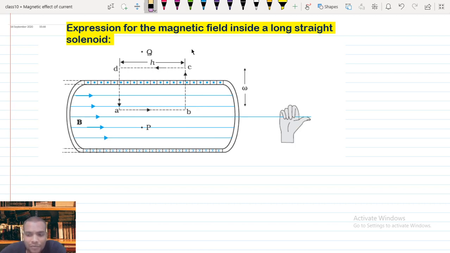The magnetic field inside a closely wound long solenoid is uniform. Within this inside region, the magnetic field is uniform.